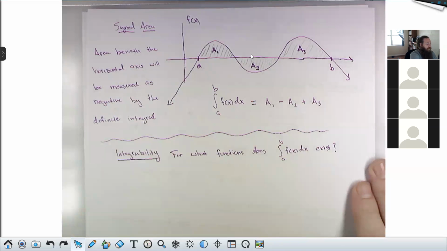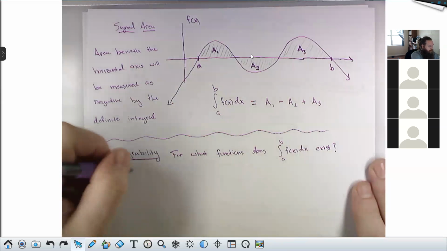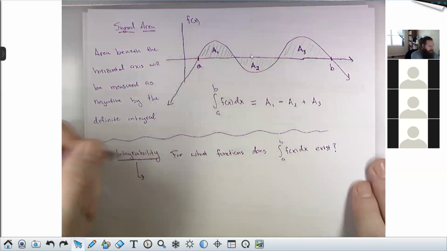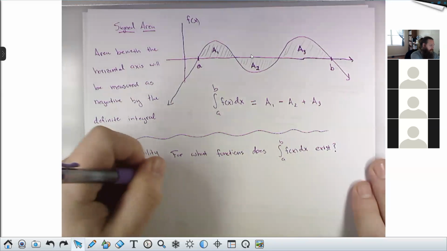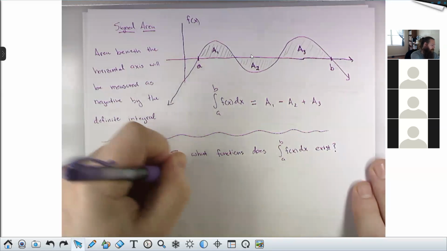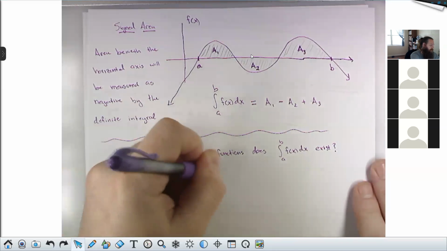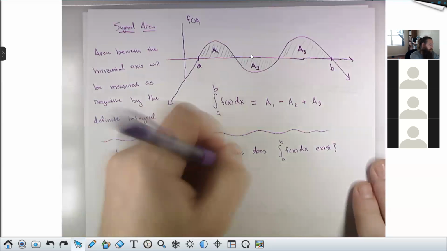Or when can I integrate a function? Integrability is like, can we integrate this function, this or that function?